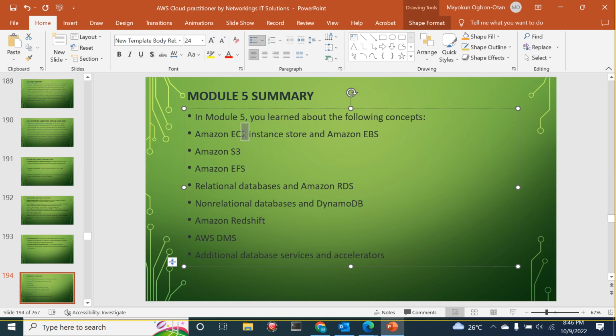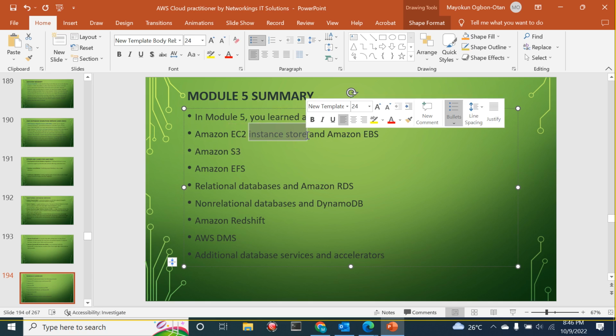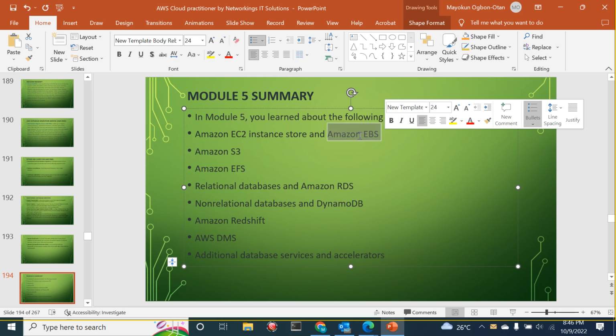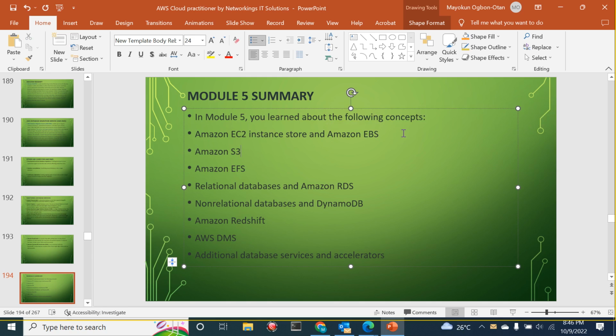Once the EC2 instance is terminated, we lose all the data in this kind of storage. And we talked about Amazon EBS, Elastic Block Store, which is block-level storage. The advantage of this is we can create it, detach it, and attach it to a new instance.